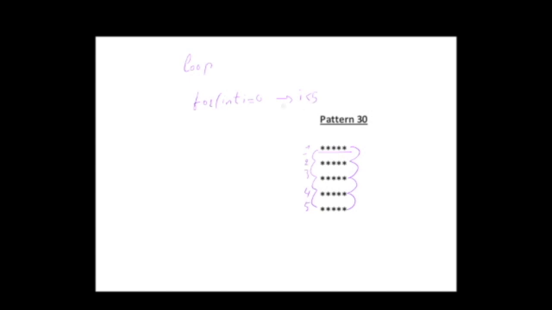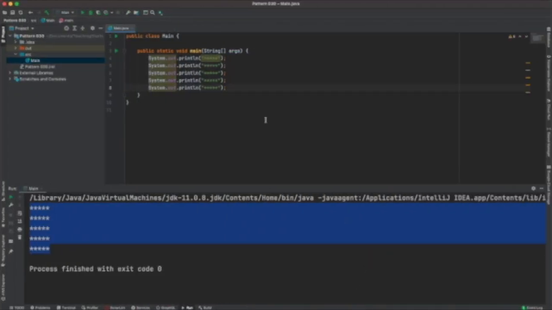Let's fix this problem by writing this part once and repeating it 5 times in a for loop.